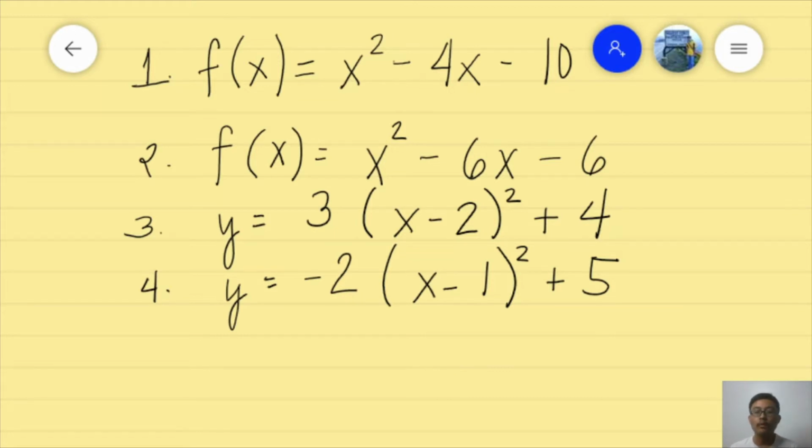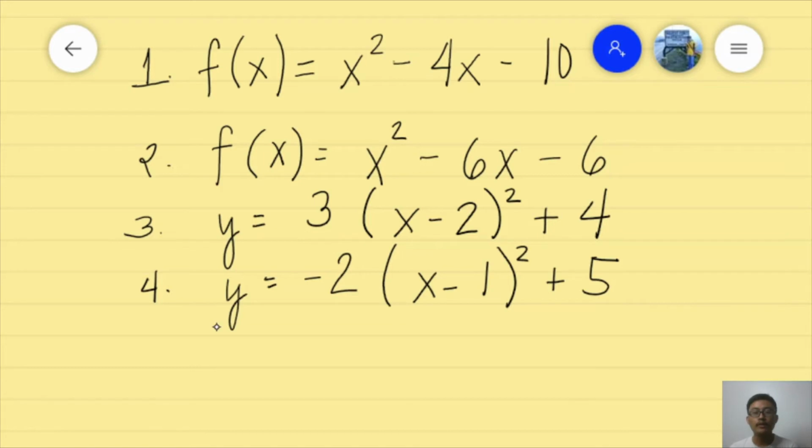Okay, so kung mapapansin natin, yung number 1 is in the form of general form quadratic function. You have f of x equals ax squared plus bx plus c. Same with number 2. Yung number 2 is f of x equals x squared minus 6x minus 6.